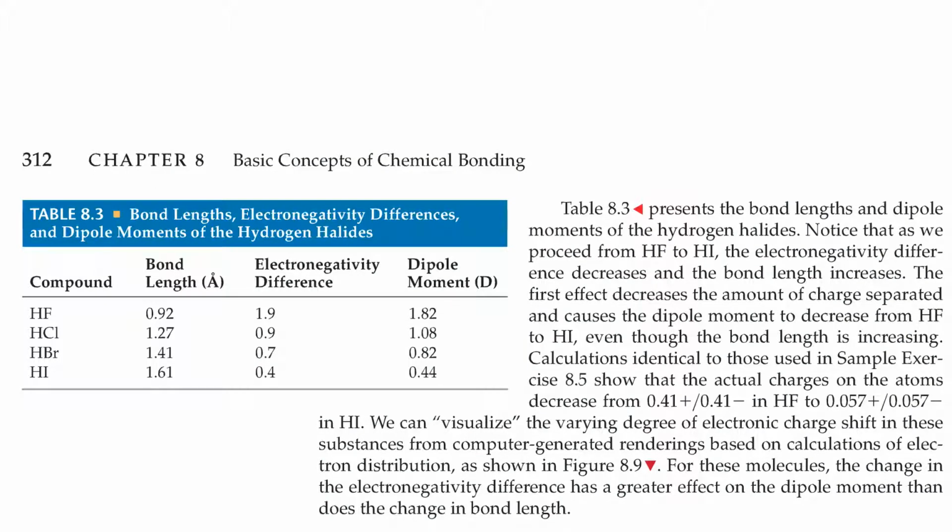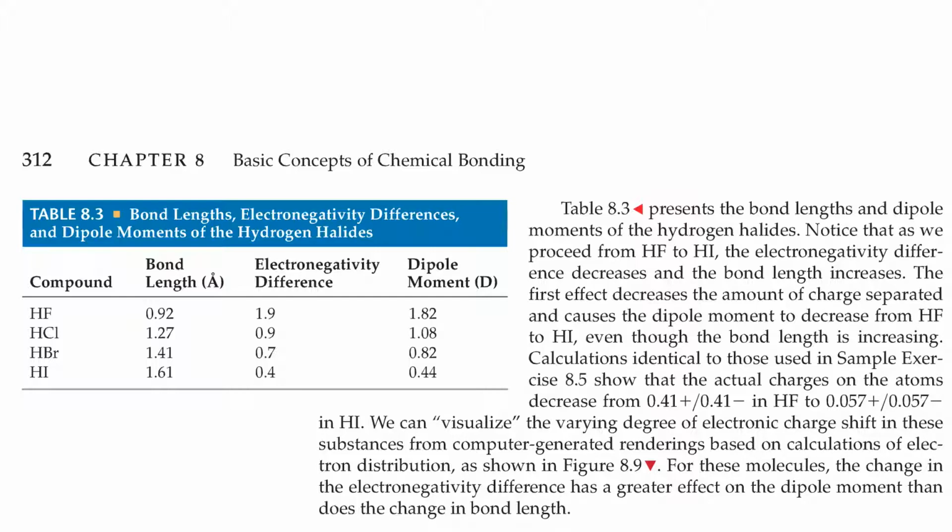Table 8.3 presents the bond lengths and dipole moments of the hydrogen halides. Notice that as we proceed from hydrofluoric acid to hydroiodic acid, the electronegativity difference decreases and the bond length increases. The first effect decreases the amount of charge separated and causes the dipole moment to decrease from hydrogen fluoride to hydrogen iodide, even though the bond length is increasing.